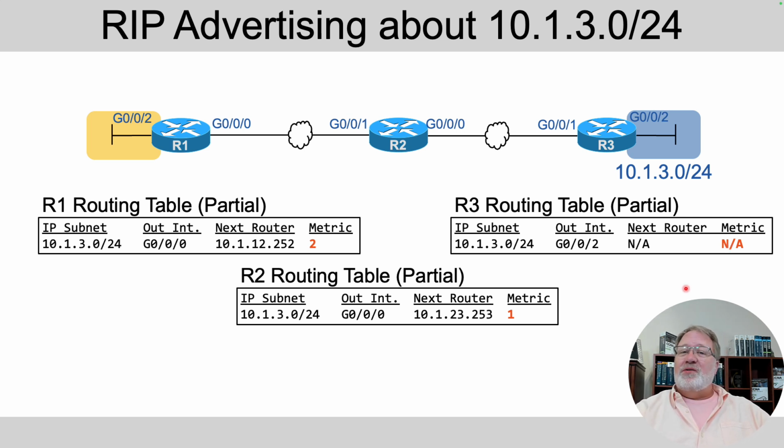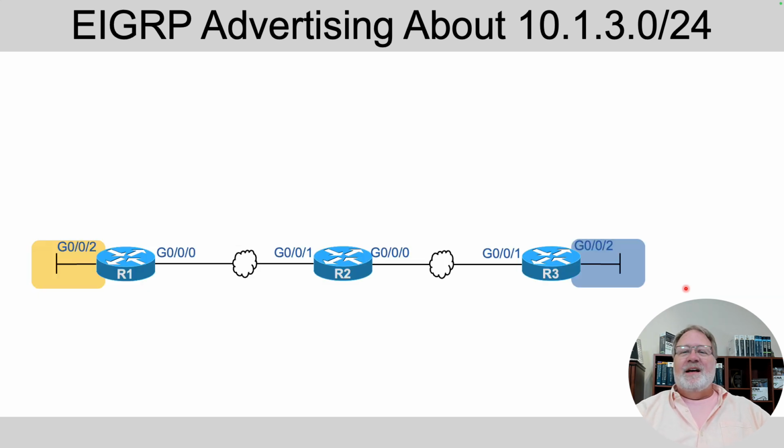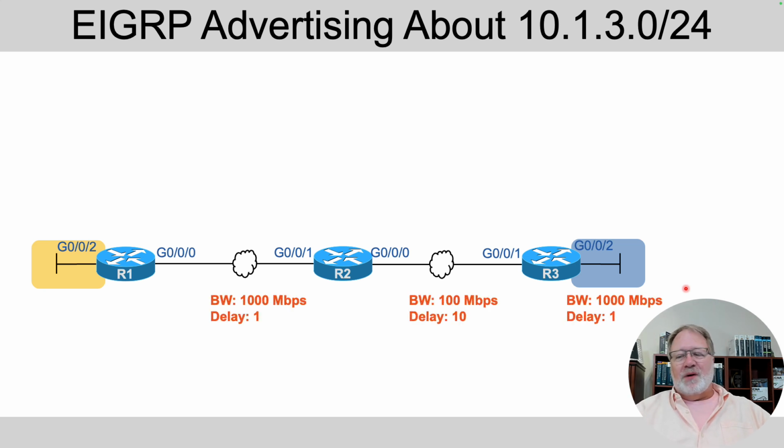Now let's look at the other 2 common interior routing protocols, starting with EIGRP. That's from Cisco. It's Cisco proprietary. It's fairly popular. And if you were to run EIGRP, it would not use hop counts as a metric. Here's what it would do. By default, it would consider the link bandwidth and the delay. So each interface has a bandwidth setting and a delay setting.